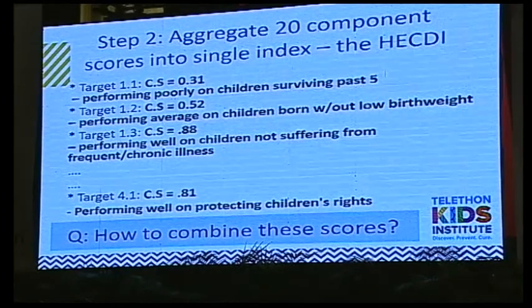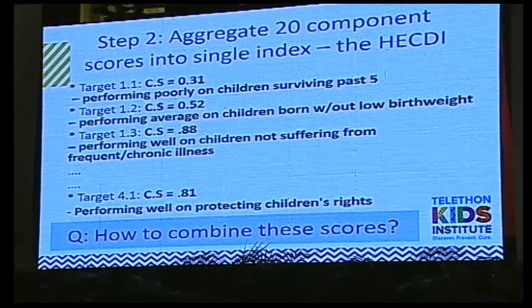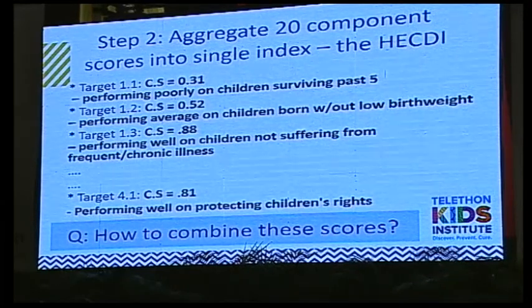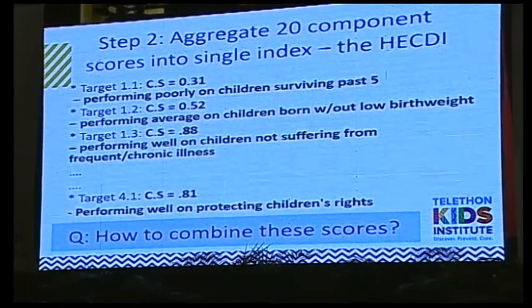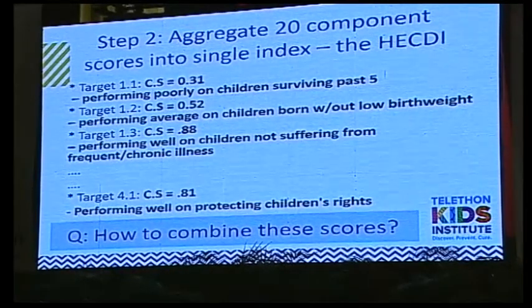Now then there's the question of how you add them together. In the majority of indexes that are used around the world, you just essentially add them all together and average them. Doing that actually means that you have a whole lot of aggregation around the mean score, right?